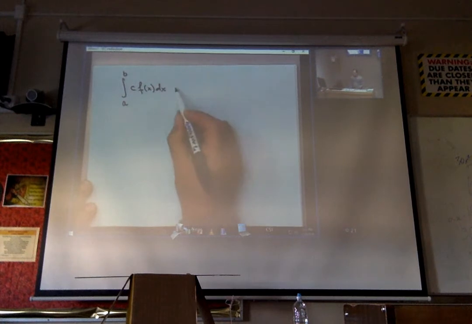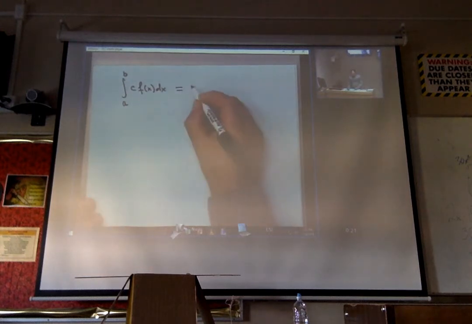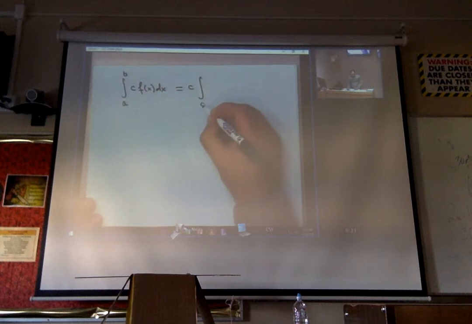So we have the integral of c f of x dx. Now what is c for us all the time? It's a constant, right? So the property is saying this, that you can take this constant outside of the integral.